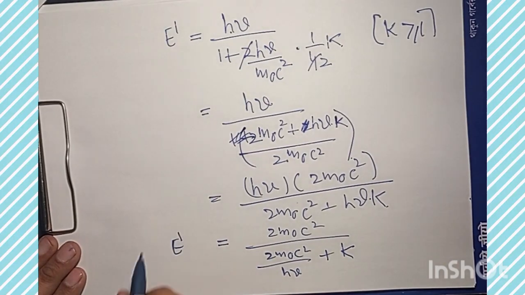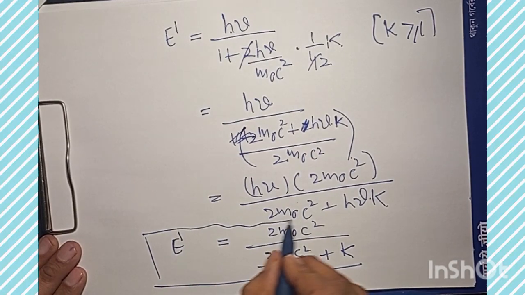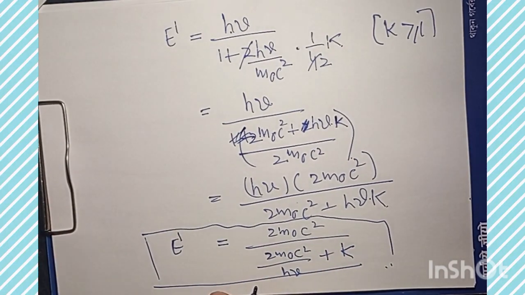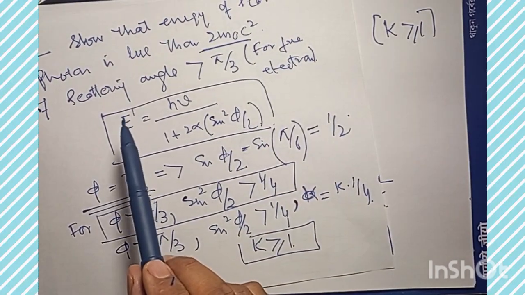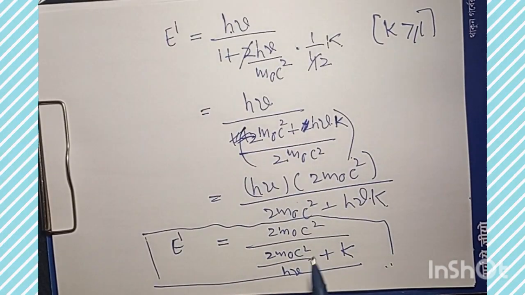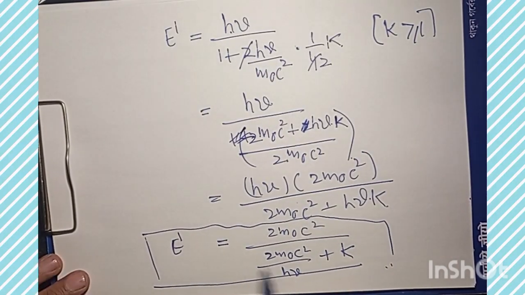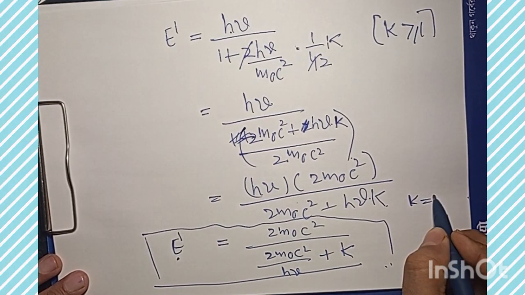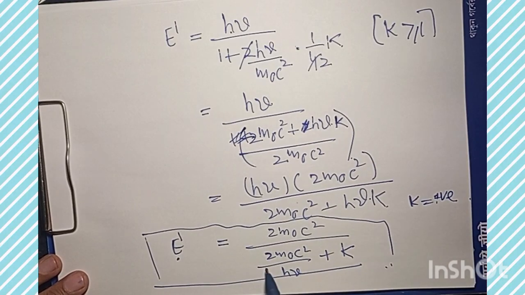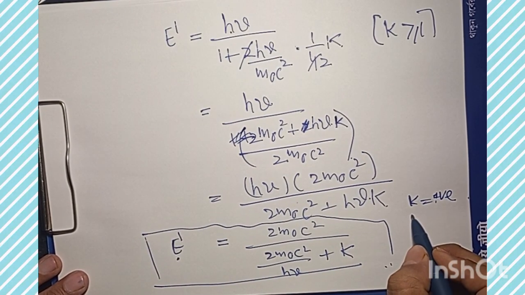which is equal to E dash. Now this equation is a clear indication of what was proposed in our problem: we have to show that the energy of the scattered photon is less than twice m naught c square. And we can see from this equation that E dash is always less than twice m naught c square, because k is always positive, and twice m naught c square by h nu is also positive, right?